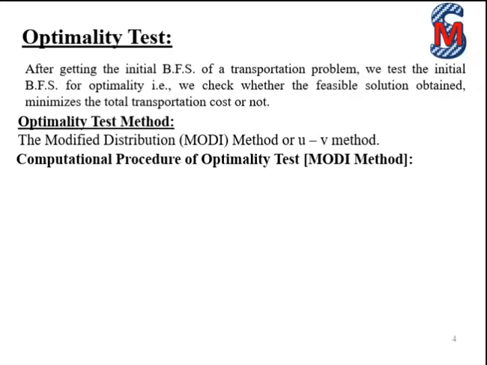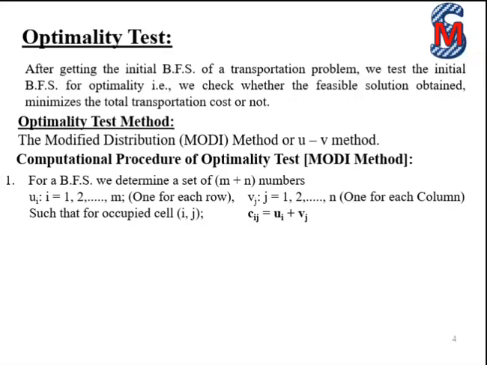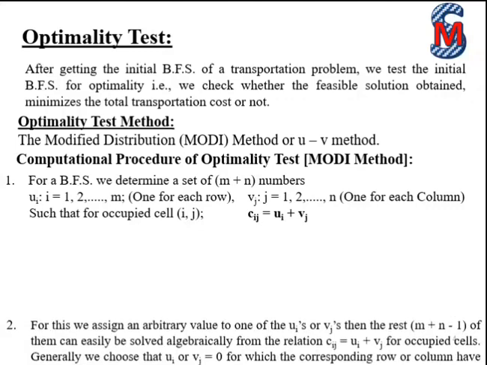The computational procedure for the optimality test in the MODI method is that we first determine the set of m plus n numbers, Ui's and Vj's, one Ui for each row and one Vj for each column, such that for every occupied cell, its cost Cij is equal to Ui plus Vj.